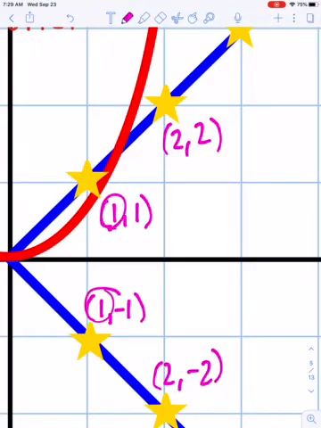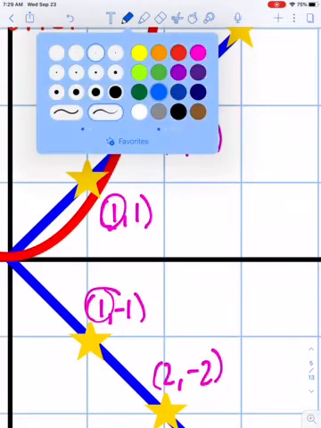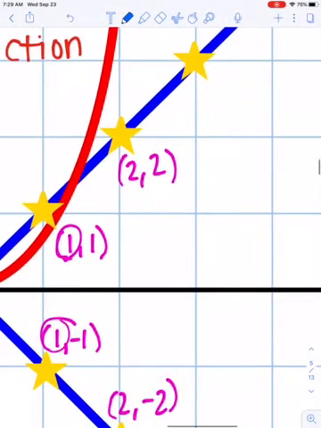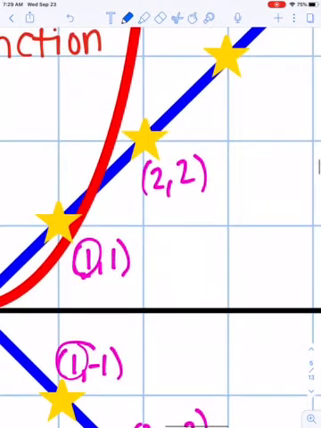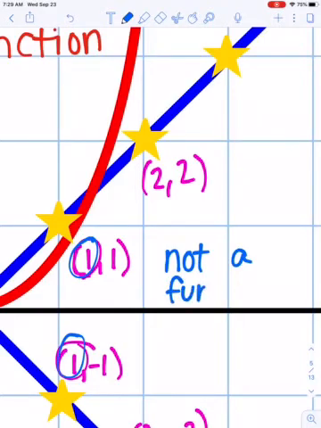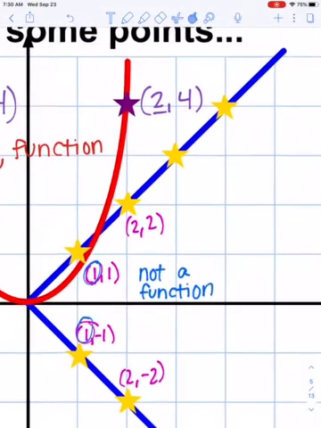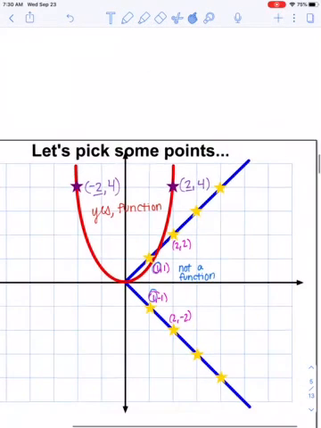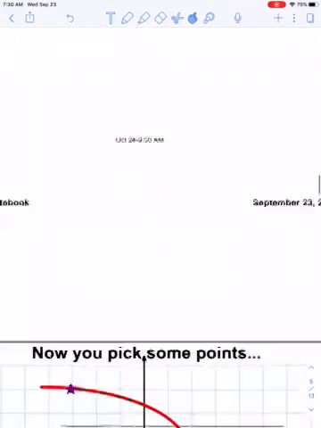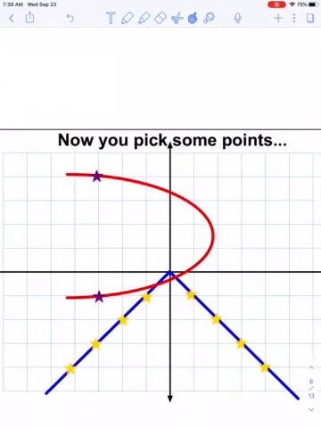This time, my X's are the same, but my Y's are going positives and negatives. But the fact that the X's are the same on even one point, all of these X's are the same. Okay, that doesn't have to be the case. Just one of them has to overlap. And since these overlap, then this is not a function. Okay, if any of the X's end up being the same, then the graph automatically is not a function. It doesn't have to be a repeated pattern like this one is. It could be anything. As long as they repeat, not a function.